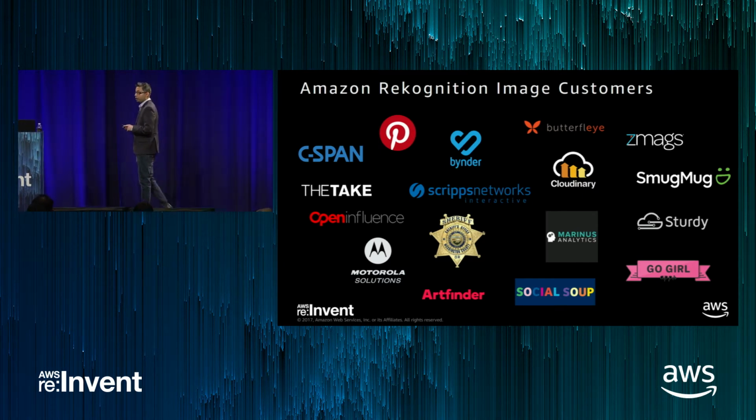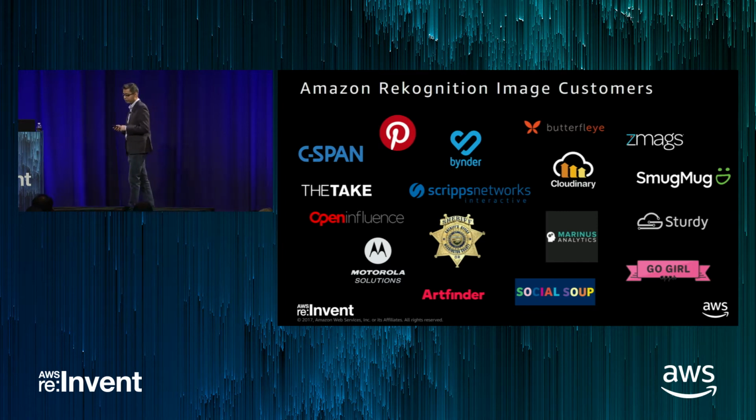If you look at things like photo sharing, we have SmugMug as a customer. And if you look at digital asset management, again, based on images, you want to understand and manage your assets, you have people like Binder. We've also seen some very interesting use cases which we hadn't really thought of.